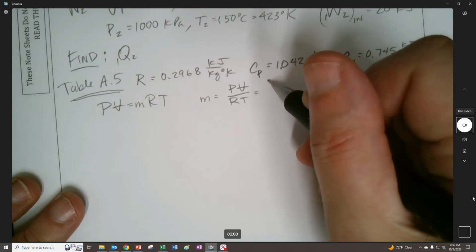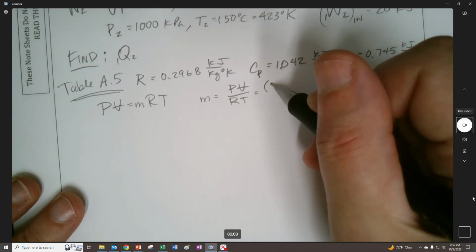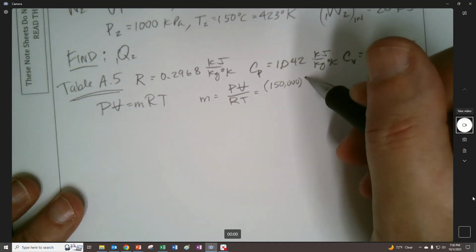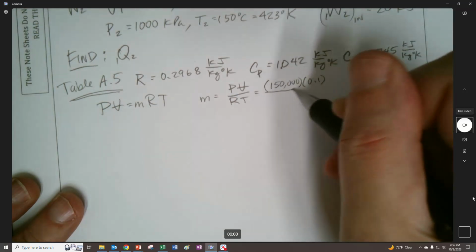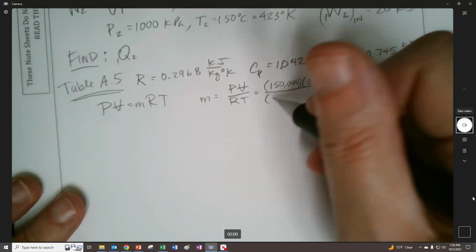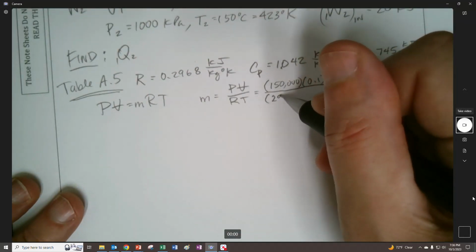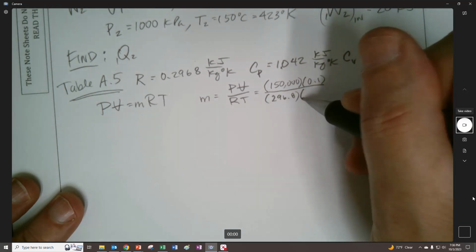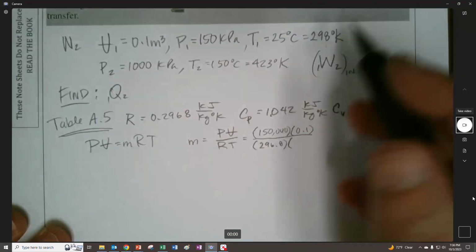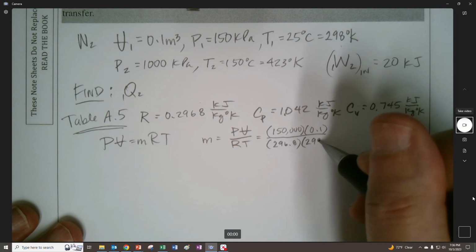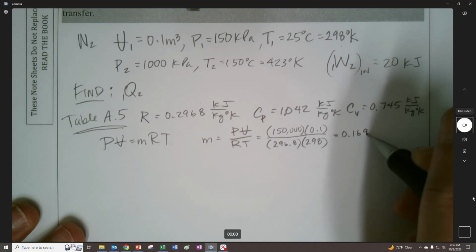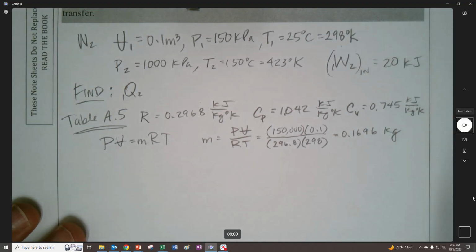So P is 150,000, V is 0.1, R I'm going to turn into joules or newton meters, 296.8, and T needs to be in Kelvin, which we already did up here, 298. Did I do that right? I think so. I got 0.1696 kilograms.